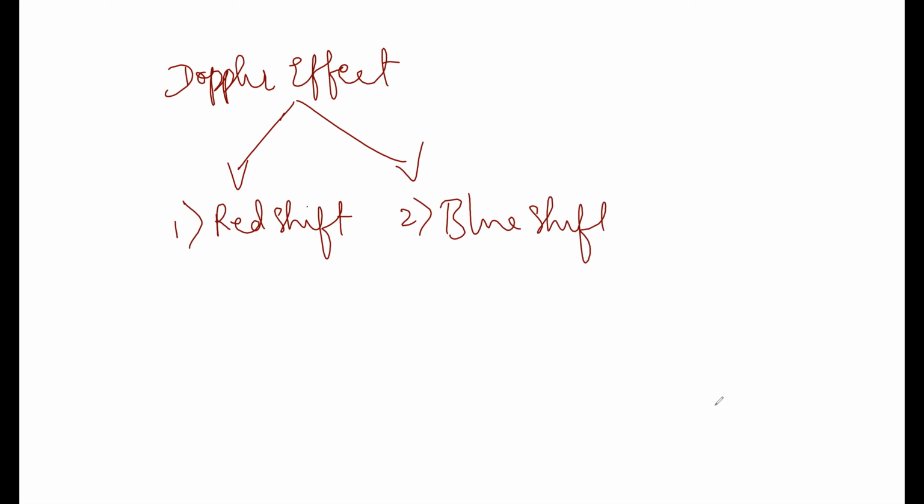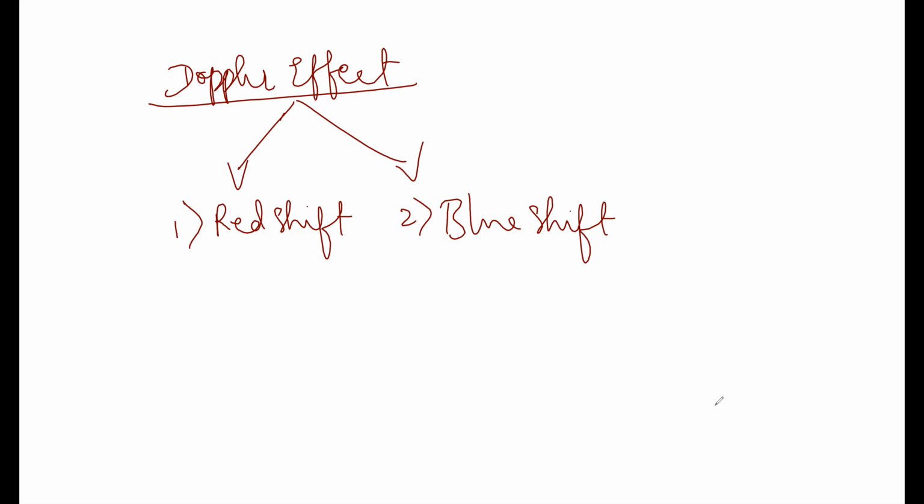The shift in position of the object is due to the apparent change in frequency between source and observer, and Doppler effects are mainly classified into these two types, redshift and blue shift.